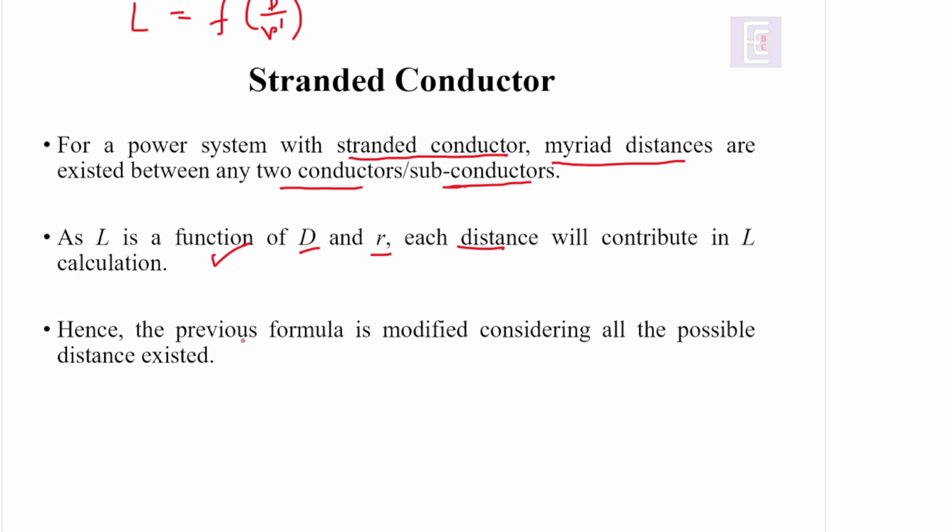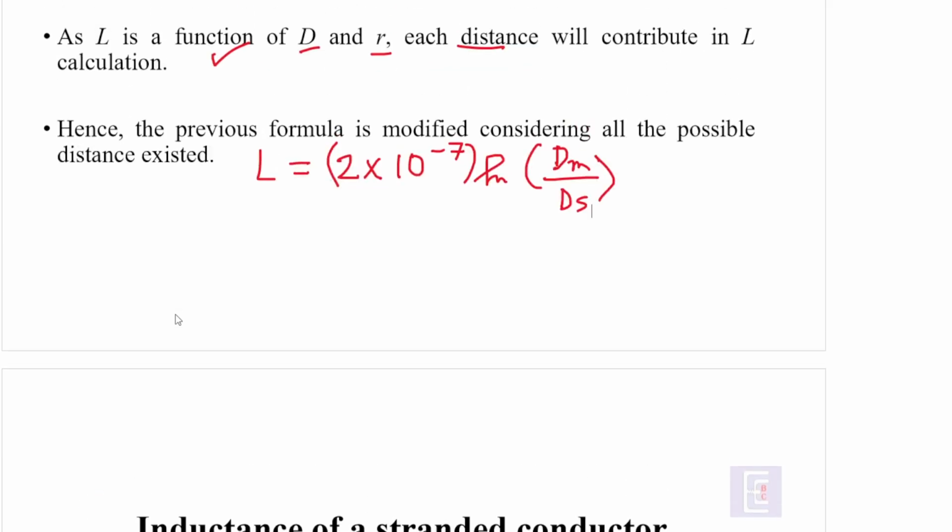Hence, the previous formula is modified in this fashion. L is now 2 into 10 to the power minus 7, the constant term as it is. Inside the log, d is replaced by Dm and r dash is replaced by Ds. So what is this Dm?